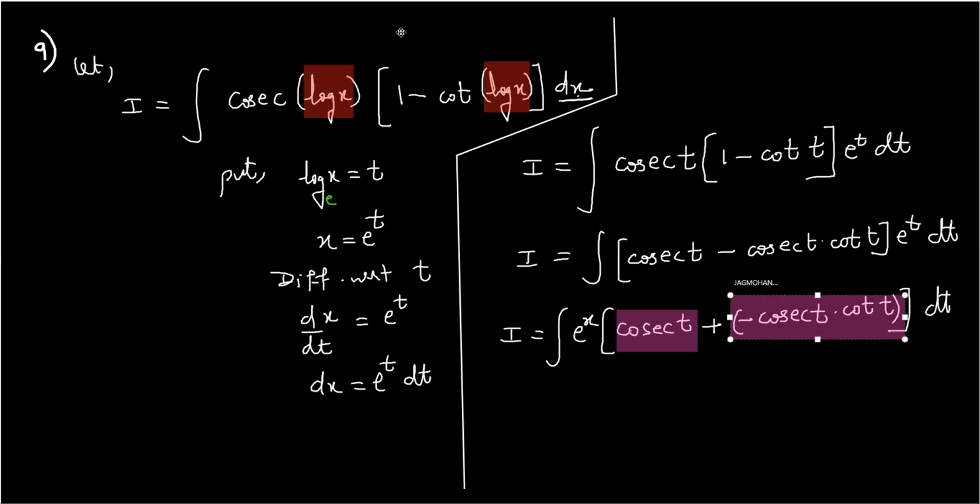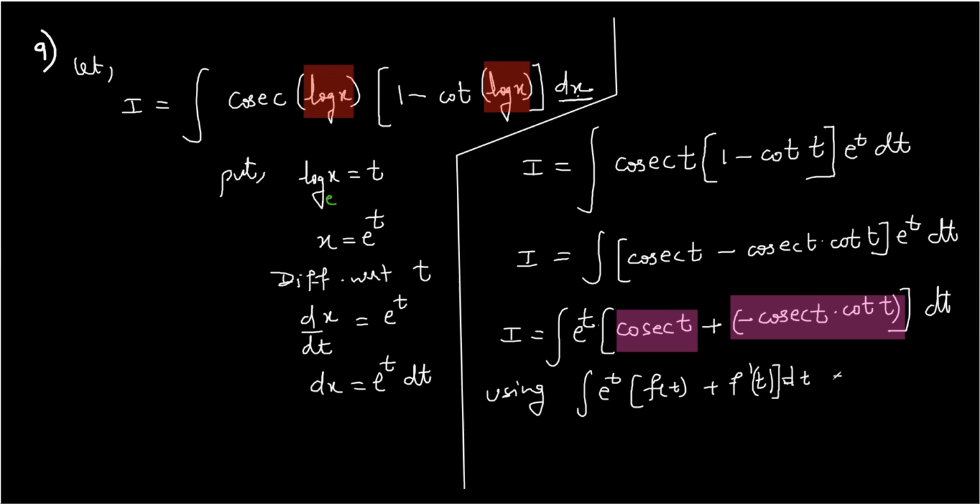Okay, so here I get, therefore, I think I committed a mistake here, and it should be t, not x. Yeah, sometimes this happens, you know. So this is t. Now I write using the result. Which result? You know it already. Using the result, the integral of e raised to t into f of t plus f dash t dt equals e raised to t f of t plus c.